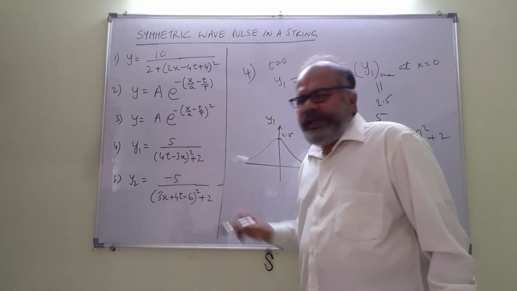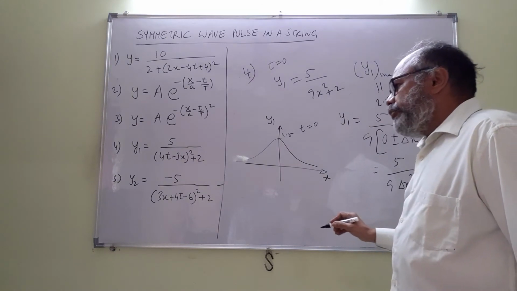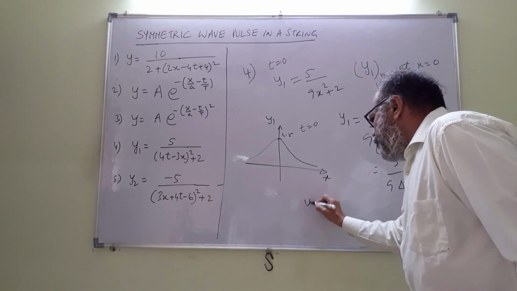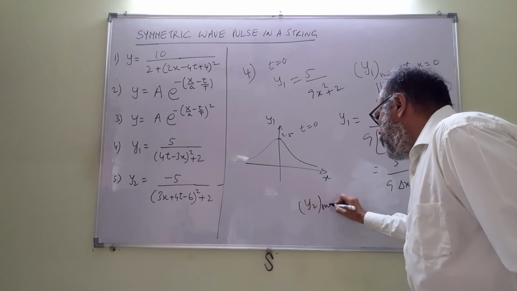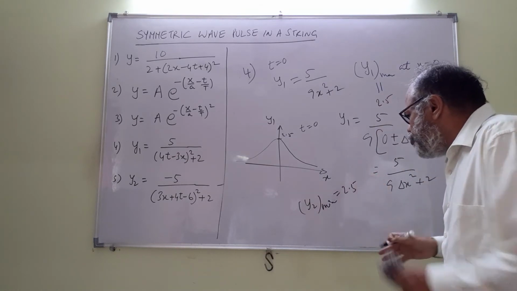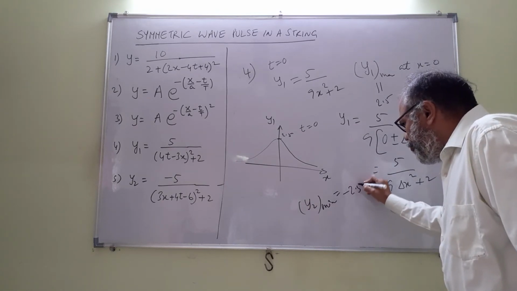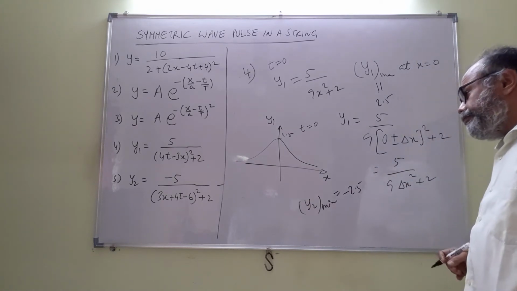Because there is a negative sign, it is a case of minimum. So y2 will be minimum, that value is minus 2.5. Minimum value of y2 is minus 2.5.